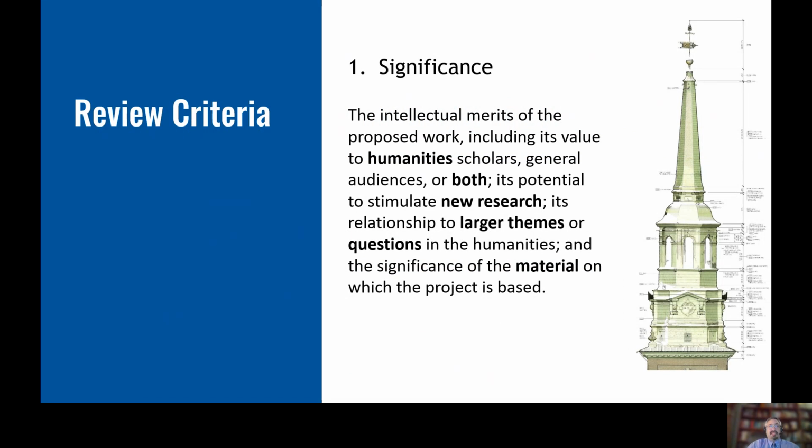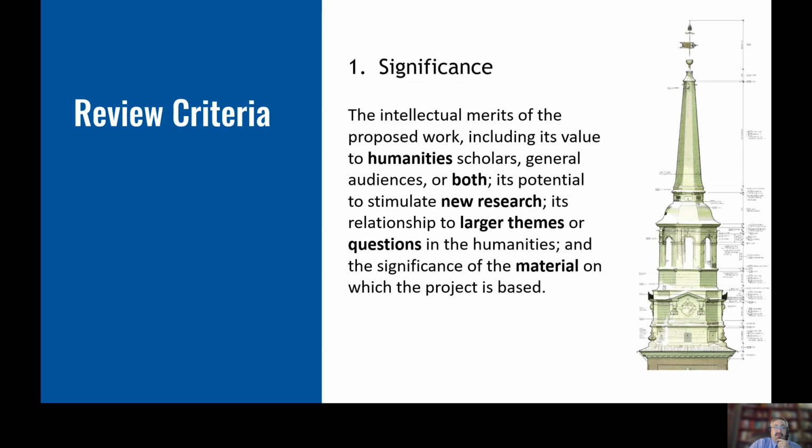The first of the review criteria is the significance of the project, the intellectual merits of the proposed work, including value to humanities scholars, general audiences, or both. I'll emphasize that you need to make a case for a humanities audience for your text, and also a case for the possibility of stimulating new research from your edition or translation.